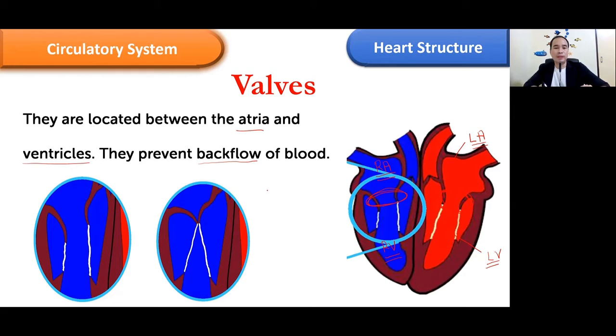So speaking of your valves, they prevent the backflow of your blood. For example, if this is the road here and you have the ball here, your valve will open in only one way. So when the ball passes through, the ball can just enter very easily.